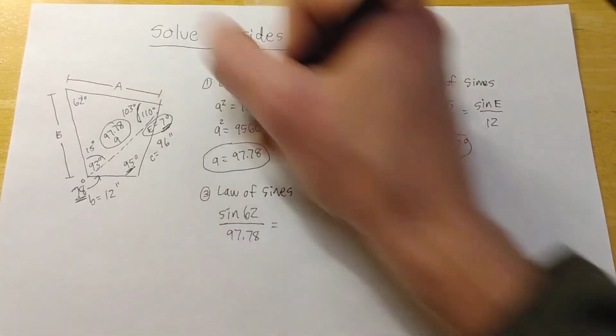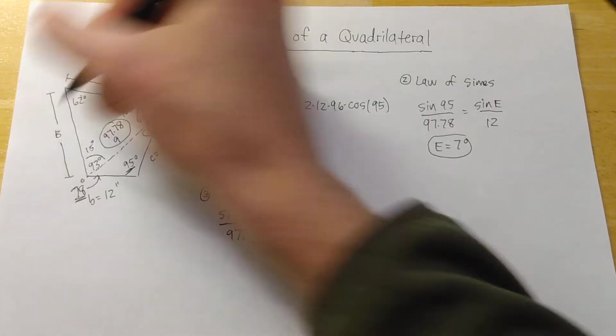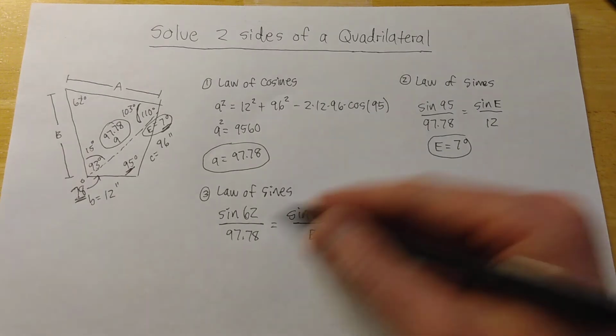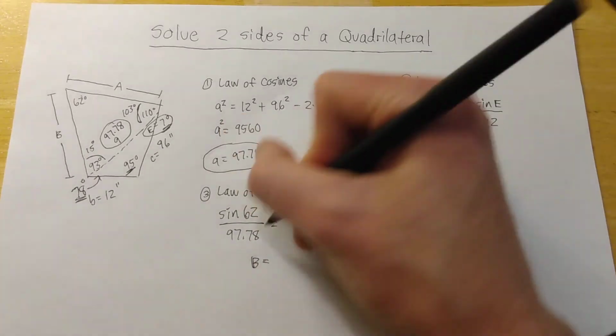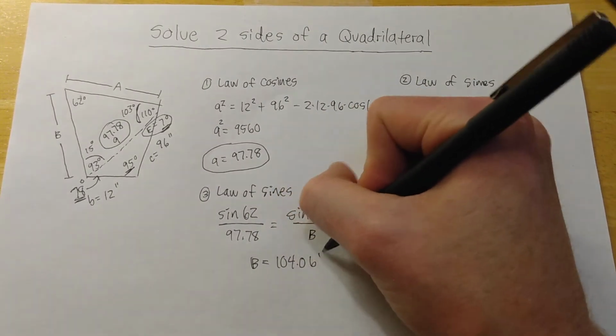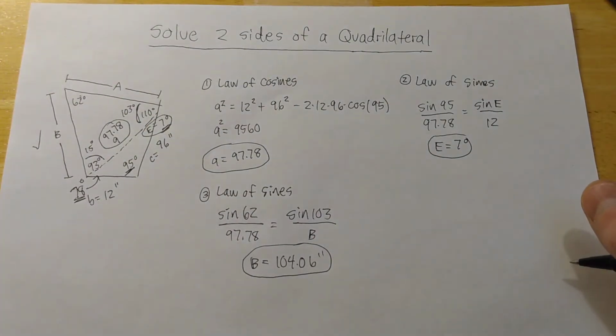Let's use sine of 103 divided by its side B, but we don't know B. So we can isolate it, cross multiply, get B all by itself here. We're going to find that B is 104.06 inches. So we just solved what that one is.